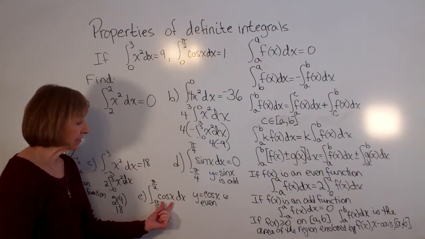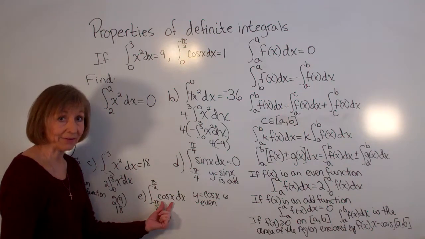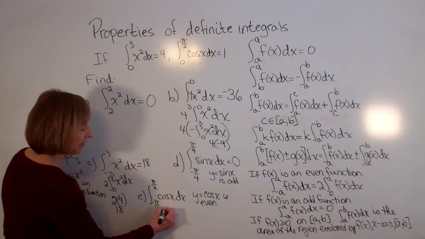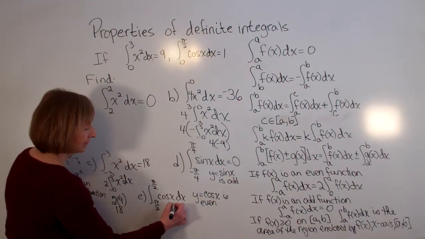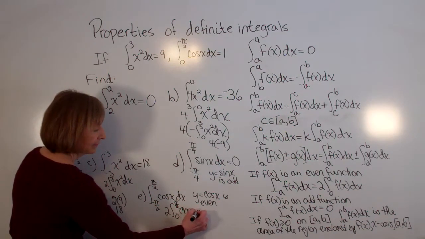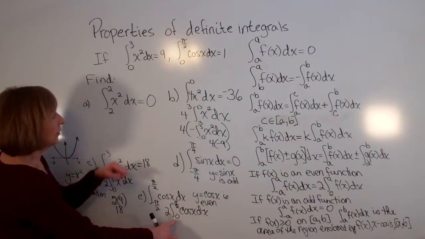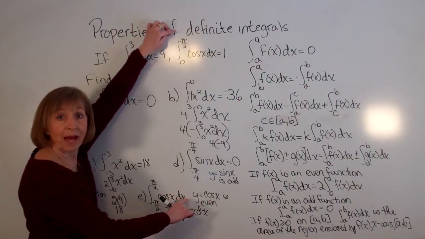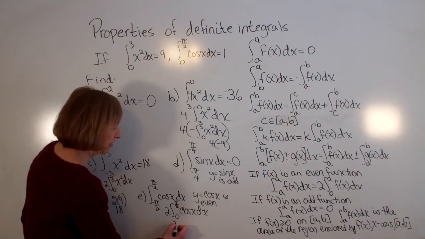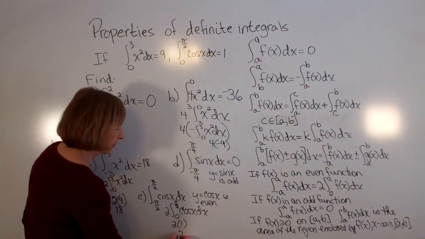So that is going to be 2 times the definite integral from 0 to pi/2 of cosine x dx. But the definite integral from 0 to pi/2 of cosine x dx is just 1. So this is 2 times 1, or 2.